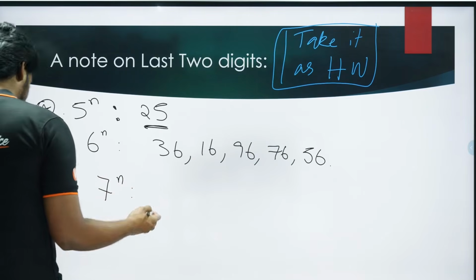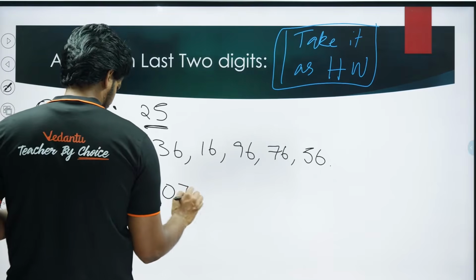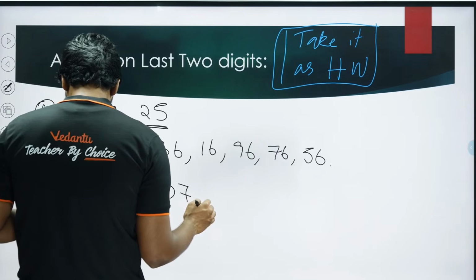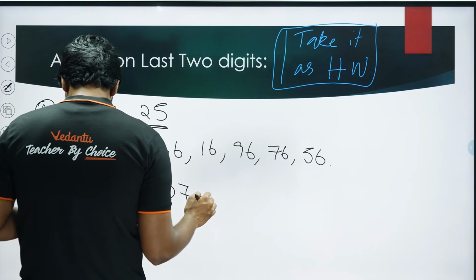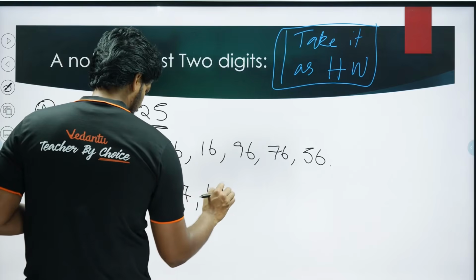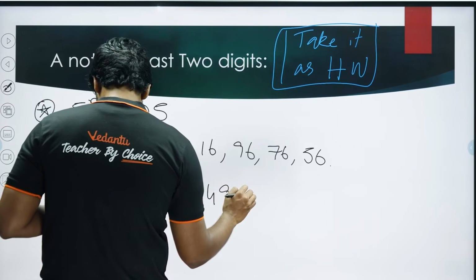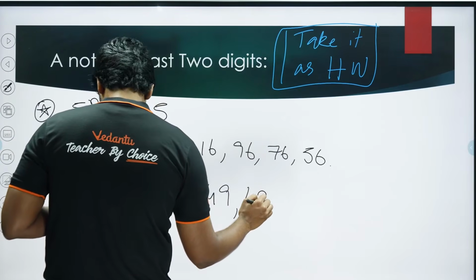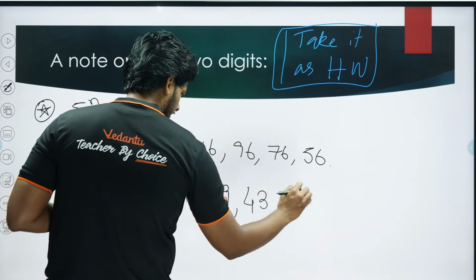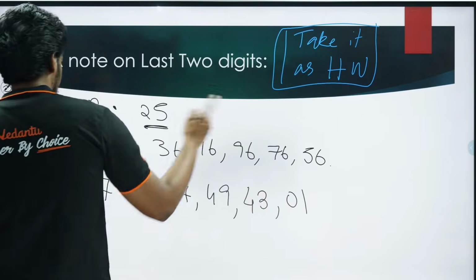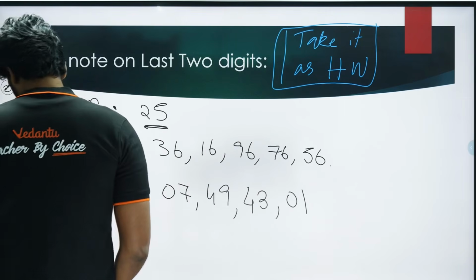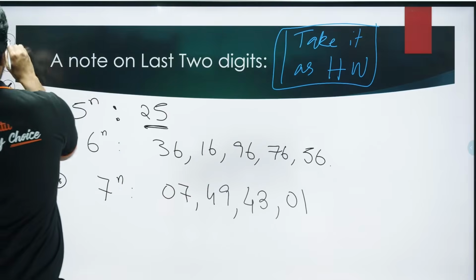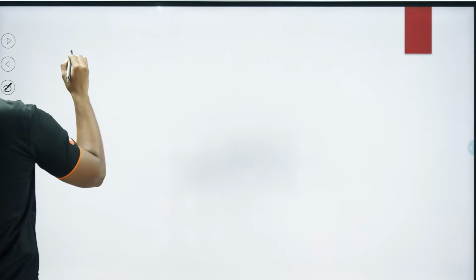Do as follows: 07, 49, 43, and 01. This repeats. That is for 7 power n, and then we have something very interesting.